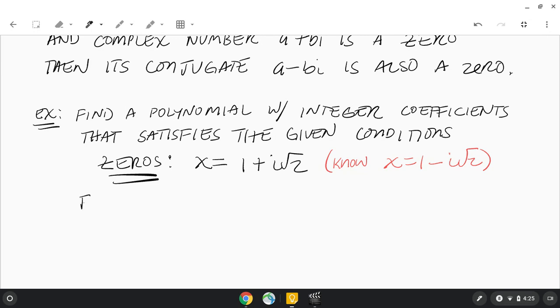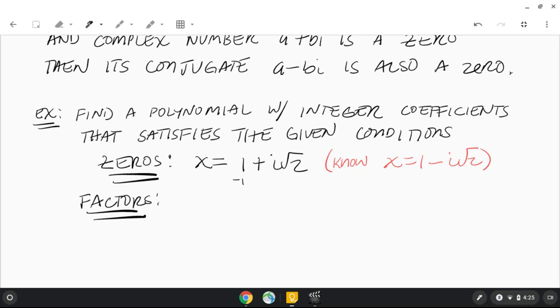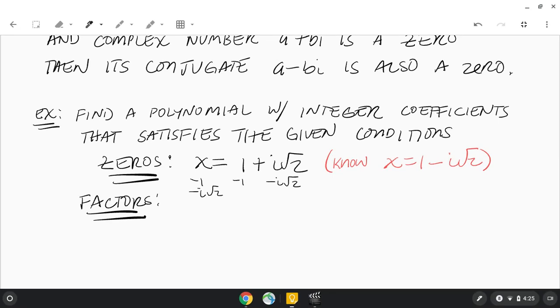All right, so now we need the factors. For this first one, I'm going to subtract 1 on both sides, and I'm also going to subtract i square root 2. So my first factor is going to be x minus 1 minus i square root 2.